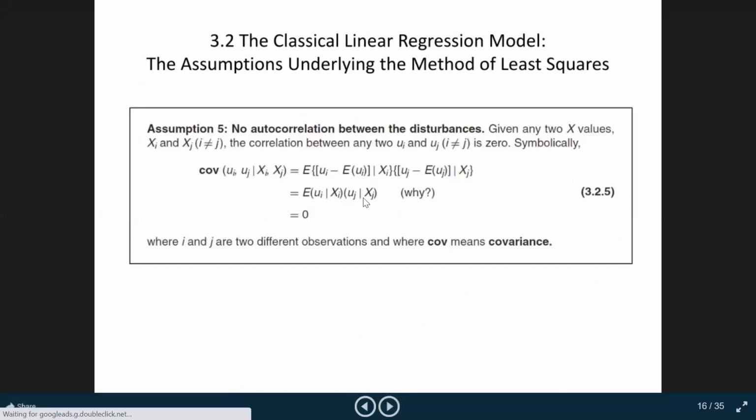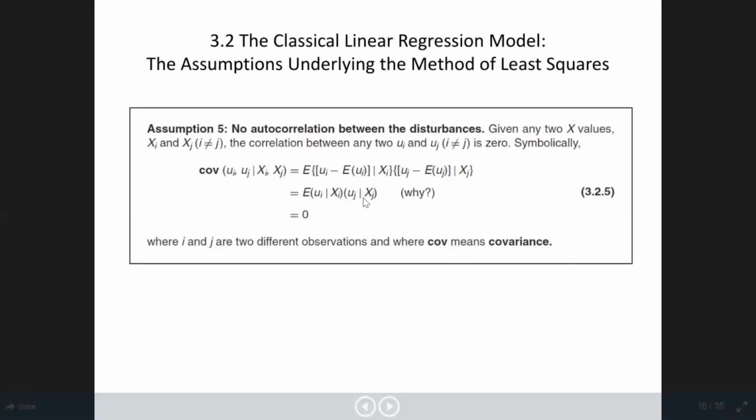The next assumption is that of no autocorrelation between the disturbances. Given any two x values, different x values, that is xi and xj, where i is not equal to j, the correlation between any two ui and uj is 0.